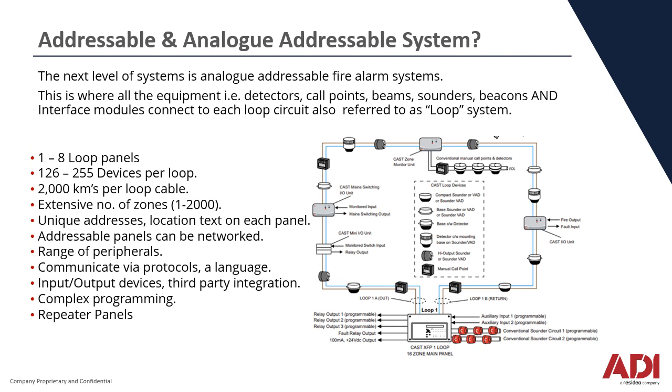The system also gives a unique address and location text, with panels being networked together and repeater panels. A range of peripheral devices such as additional zone or relay cards. Integration with third-party equipment with complex programming.